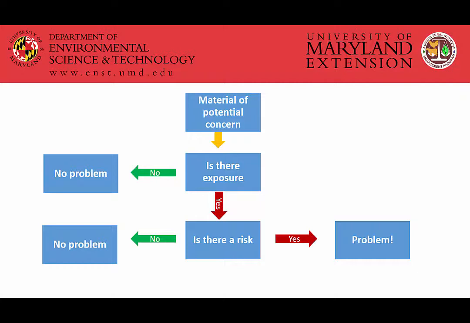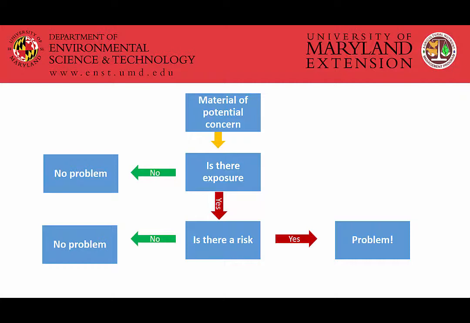Okay, now I want to just do a little risk assessment 101. There might be something that you're concerned about, let's say an antibiotic in the manure, but is there exposure to the population you're concerned about? And we're usually concerned about humans. If there's no exposure, there's no problem.